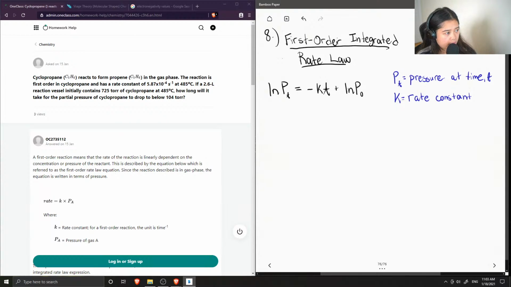So this was given in the question, which was 5.87 times 10 to the negative 4 inverse seconds. And next we have P naught. And this is just the initial pressure, so before the reaction takes place.